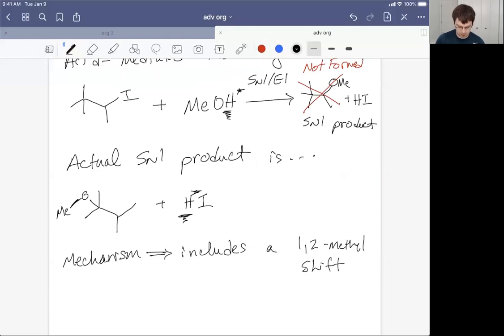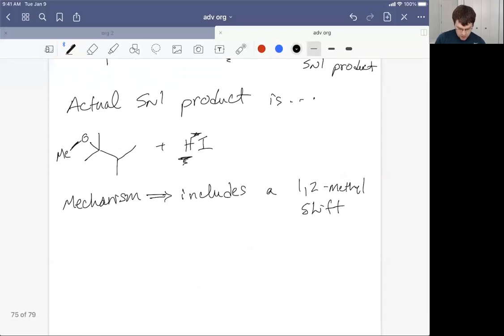Okay, what does that look like? Well, what we do is we take our starting material and we consider an SN1 mechanism. Whether it's SN1 or E1, we have to recall that if we have the 1, I'm going to circle this in a different color, that tells us we've got a carbocation involved.